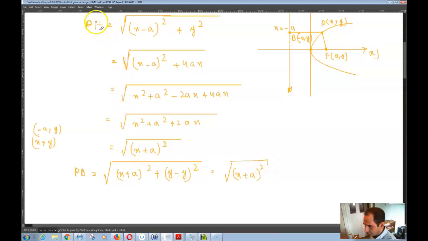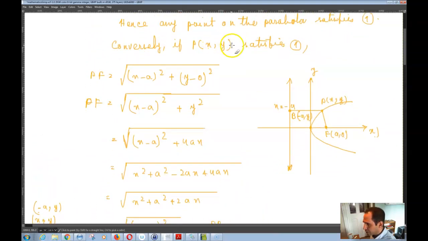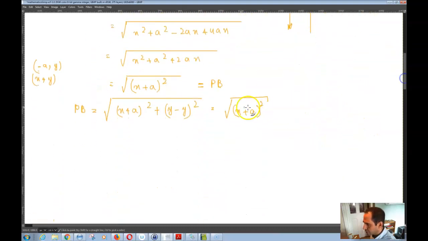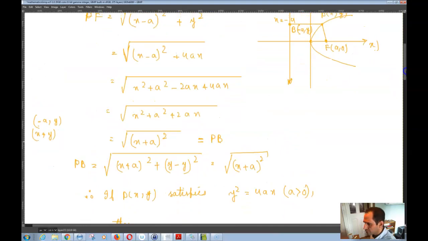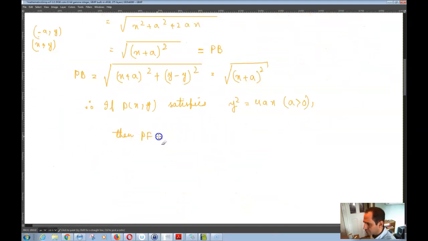And so you can see that PF, and this is basically PB, so x plus a is equal to PB. So that means that if P (x, y) satisfies this equation, y squared is equal to 4ax, a greater than 0, then PF is equal to PB.